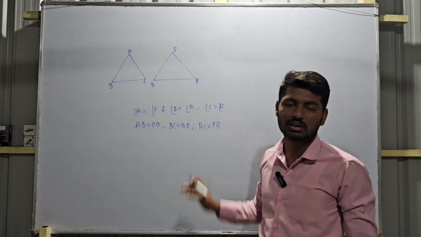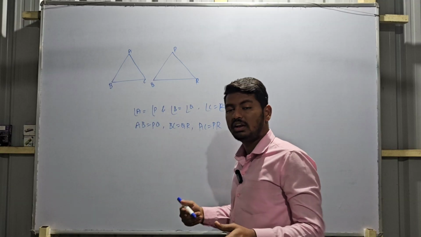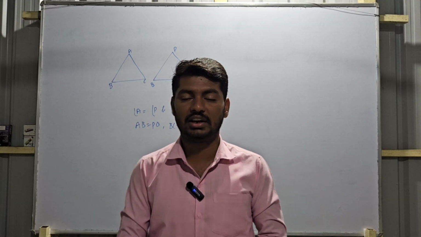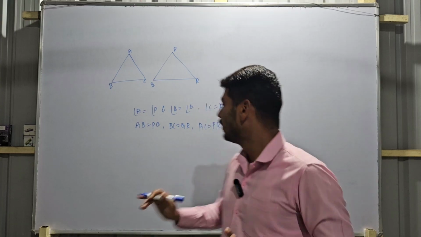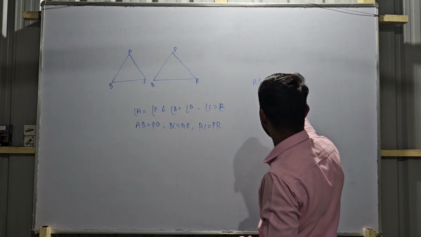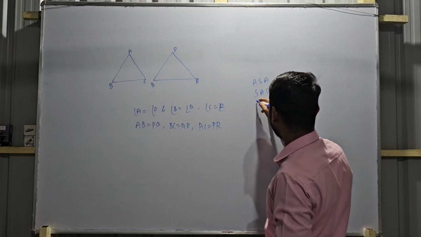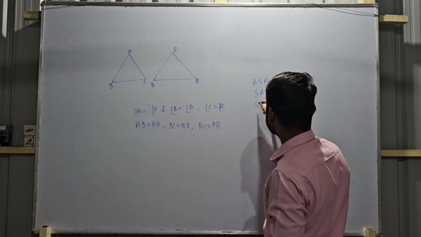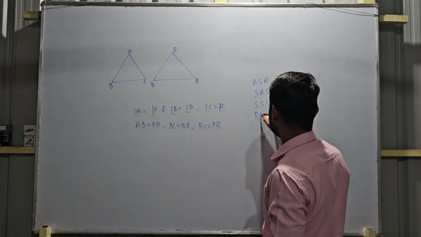So for that we have some criteria, and based on the statement of that criteria, we can say it by any 3 parameters. For example, angle, side, angle; side, angle, side; and RHS.